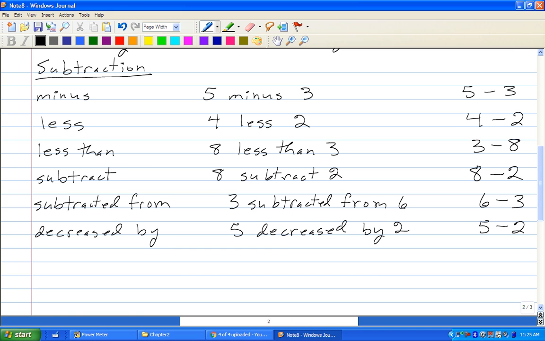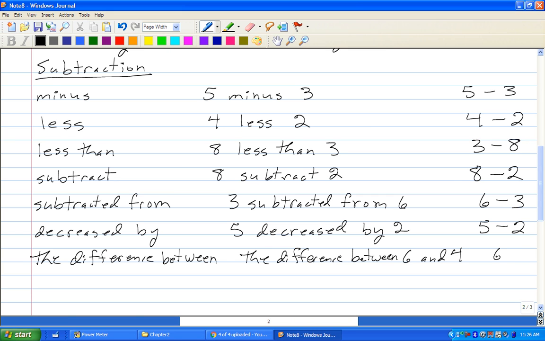The difference between 6 and 4 is 6 minus 4. So those are some common terms associated with subtraction.